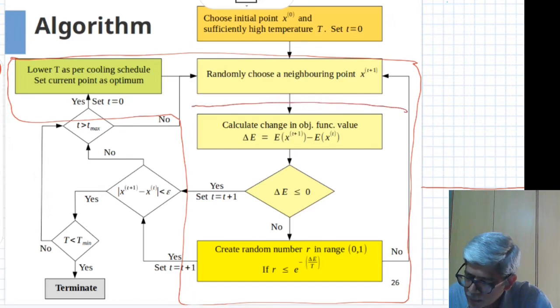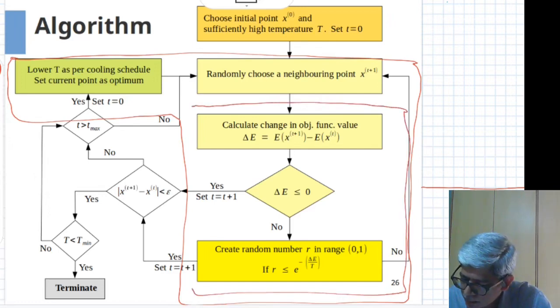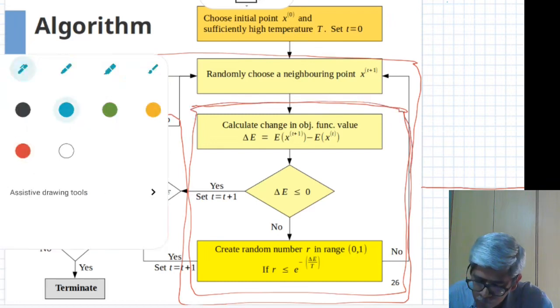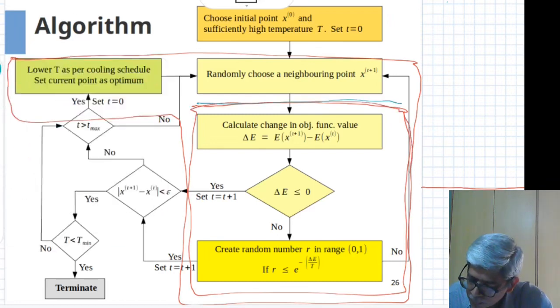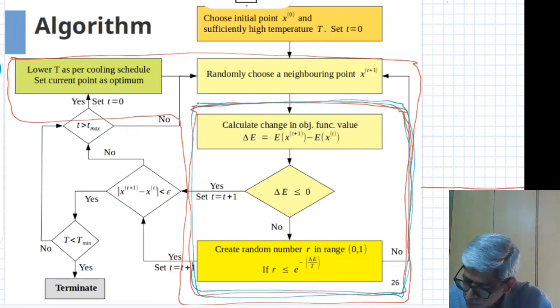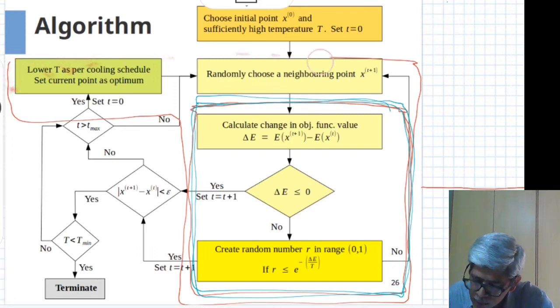So that is the second part of the algorithm. This inner loop decides, whatever point has been put forward, whether to accept it or to reject it. Let's understand how this process works.